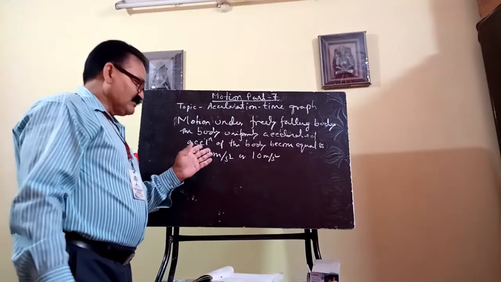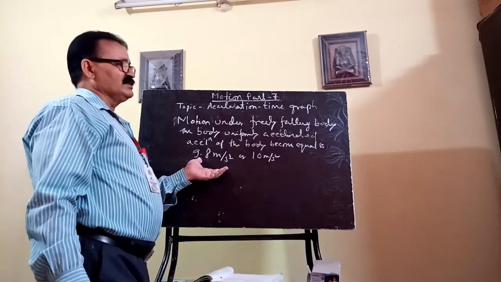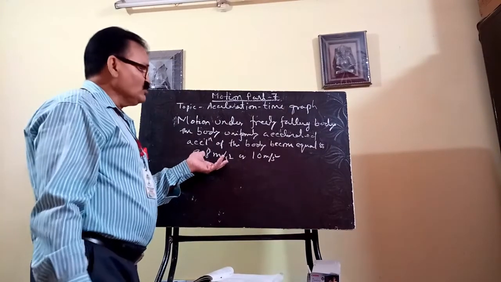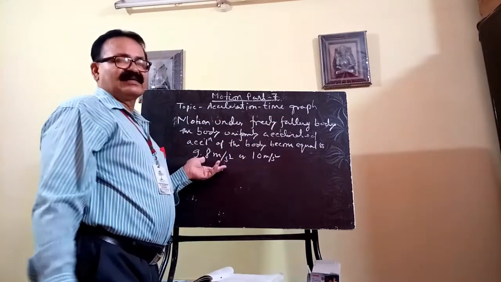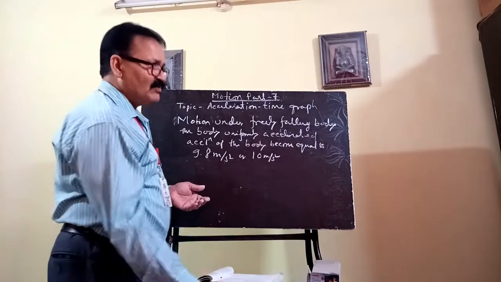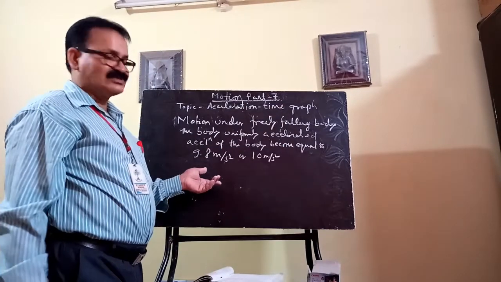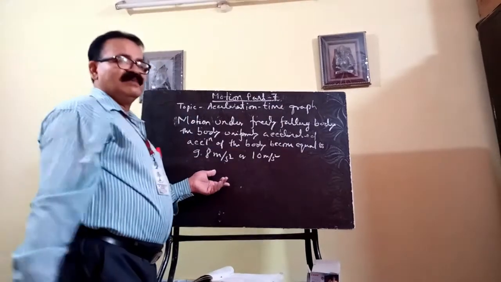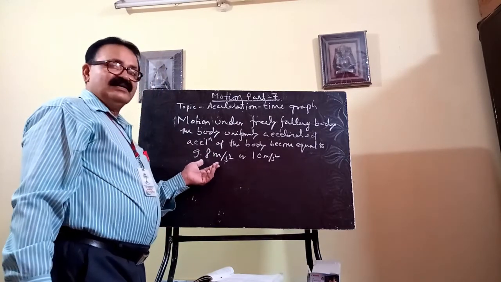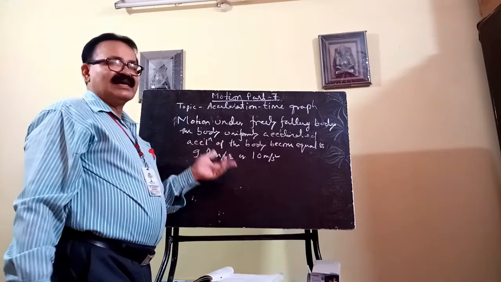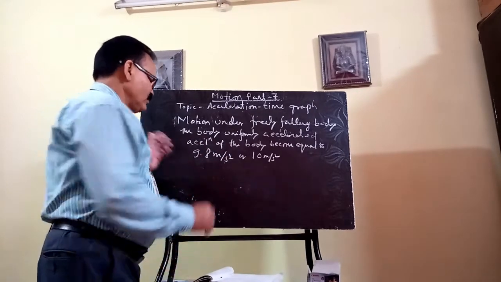That is, the value of acceleration due to gravity will be the value of acceleration when the body falls freely under gravity, or when the body moves vertically upward also. When you throw a body vertically upward also, in that time the body is uniformly retarded.